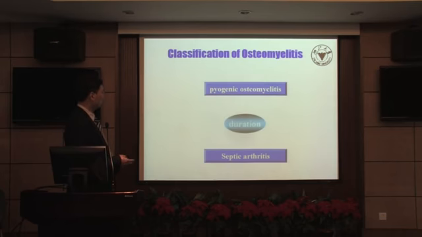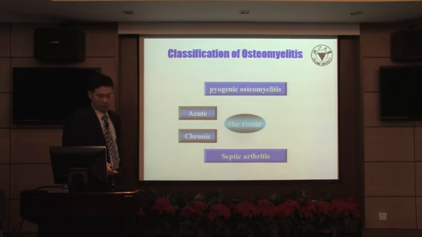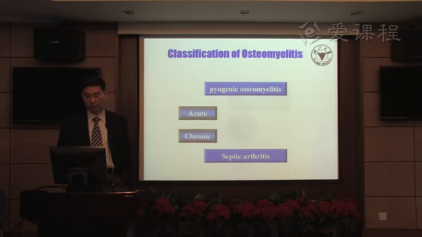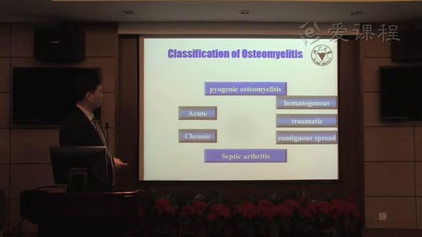If we classify using the duration of the disease, we can divide it into acute osteomyelitis and chronic osteomyelitis. We classify this by the route: hematogenous, traumatic, and contiguous spread osteomyelitis.